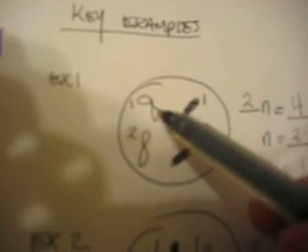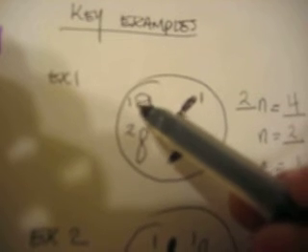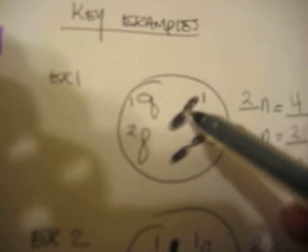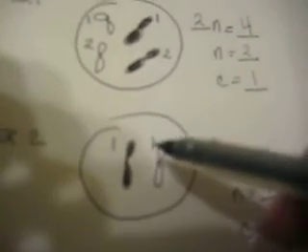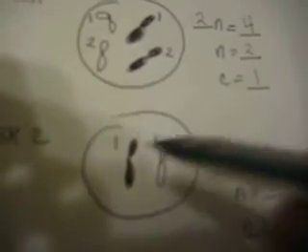So for example, these 2 are a homologous pair because they're both 1s, they both have to be the same kind, and you have to have 2 different sets of that kind. So this is a homologous pair and this is a homologous pair. These aren't homologous, right? These are not homologous because they're 2 different kinds of chromosomes. These are homologous because you have the same kind of chromosome and the 2 different versions of it, 2 different sets of it, right?